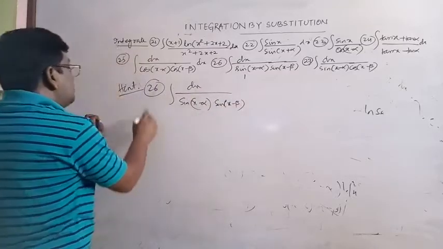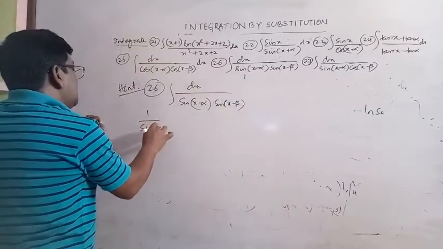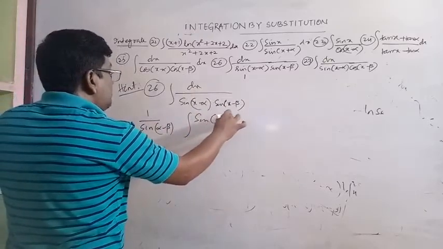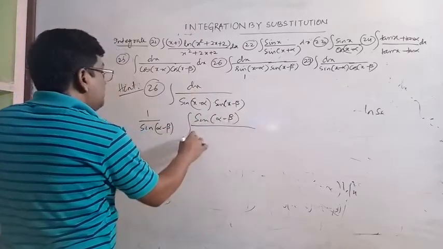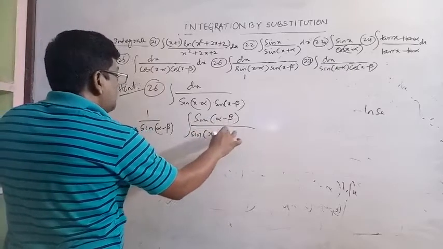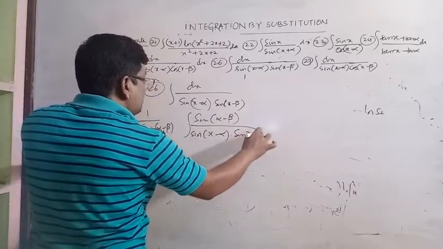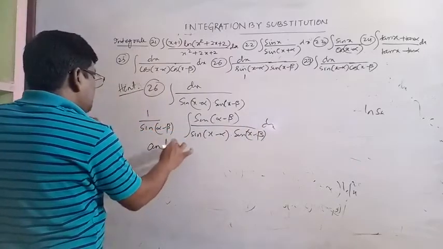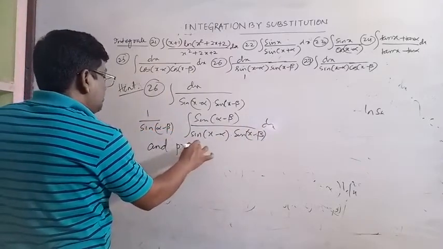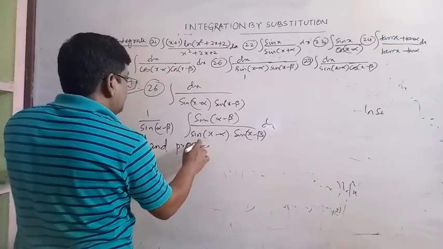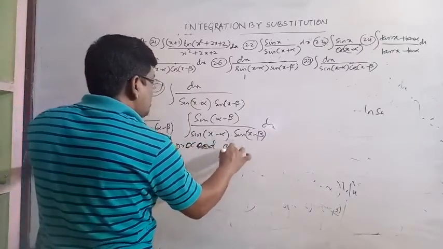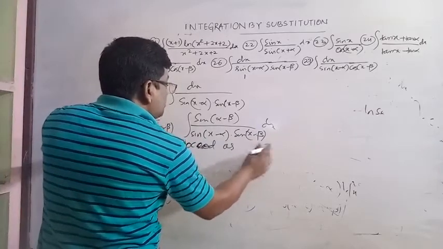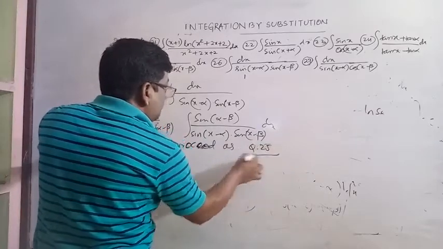Same process: 1 by sin(alpha − beta), sin(alpha − beta) divided by sin(x − alpha) into sin(x − beta). Same process, proceed as question number 25.